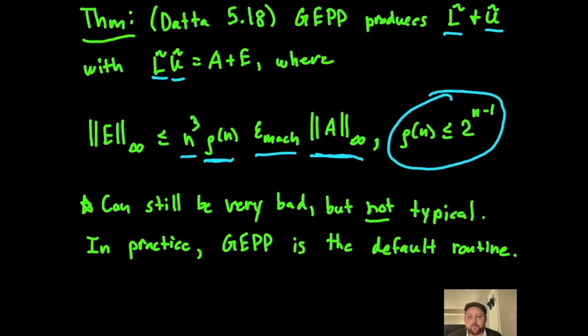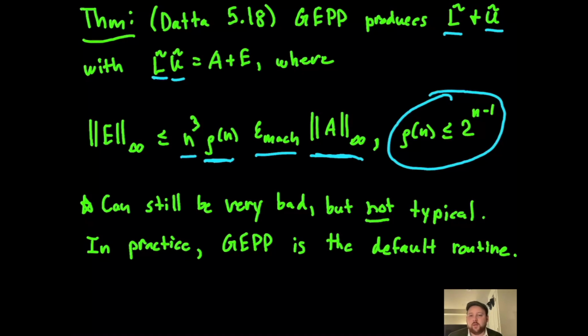Now, I'll just tell you, this is theoretically bad, but from many years of experience of people testing different matrices, the ones that come up in practice, you will rarely ever have a problem with. You'll almost never see the growth factor actually get as large as 2 to the n minus 1.